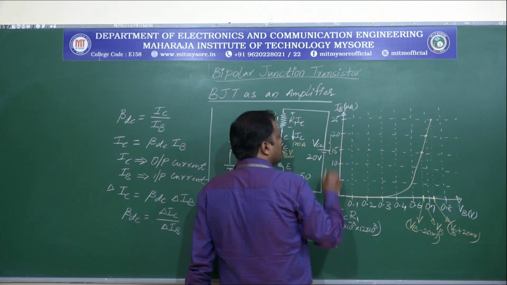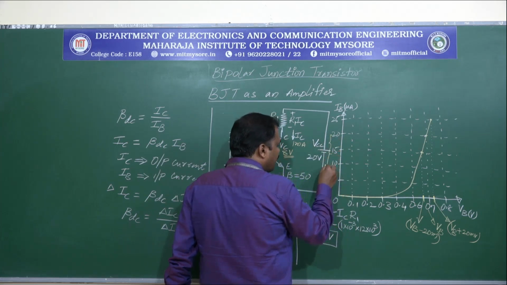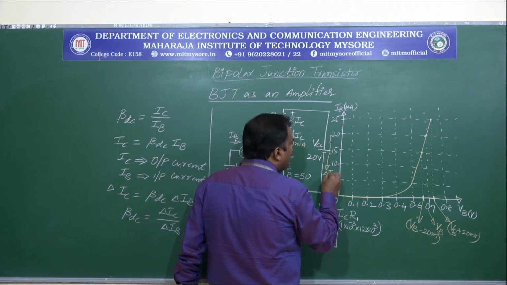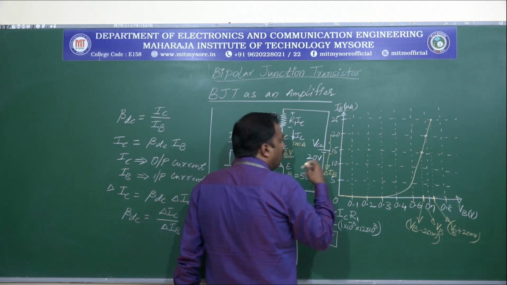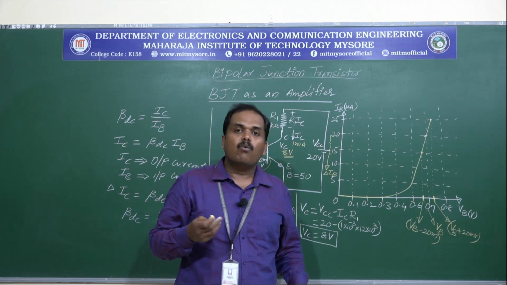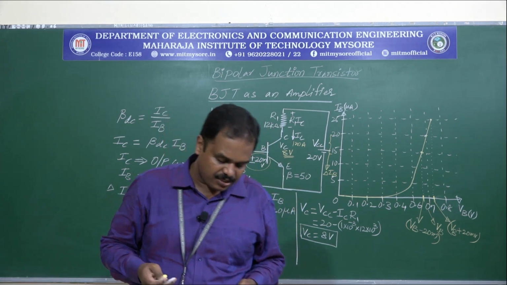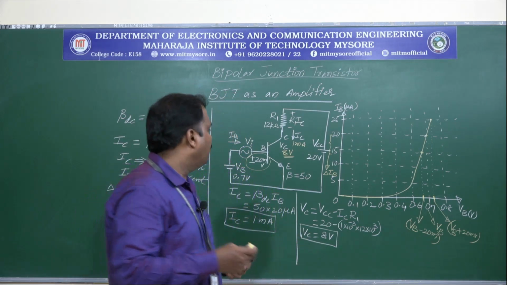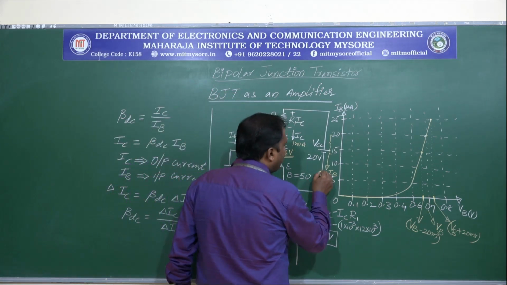I can write this as delta IB. So on the characteristics we have a change of minus delta IB.